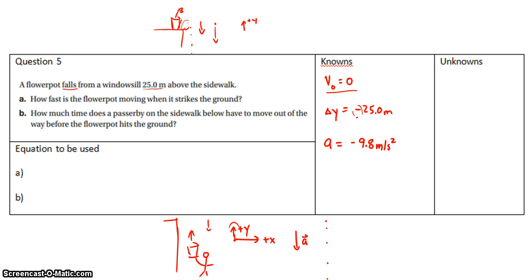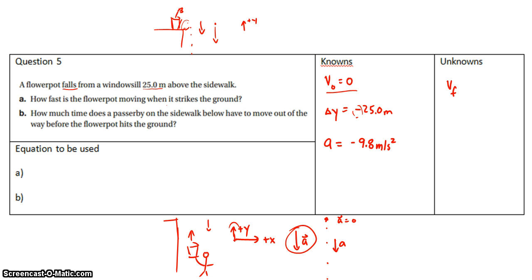Our unknown: how fast is the flower pot moving when it strikes the ground? Well, we want to know its final velocity right before it strikes the ground. Now remember, we can only look at these equations in sections of constant acceleration. In the beginning it's at rest, my acceleration is 0.